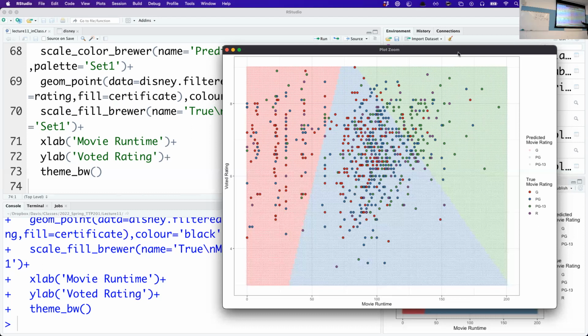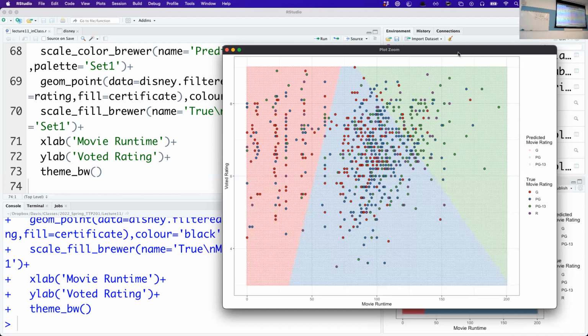There are different types of errors here as well. This is a nuance that we'll start to talk about more, especially as it relates to classification. Let's say you really cared about getting the G movies correct.